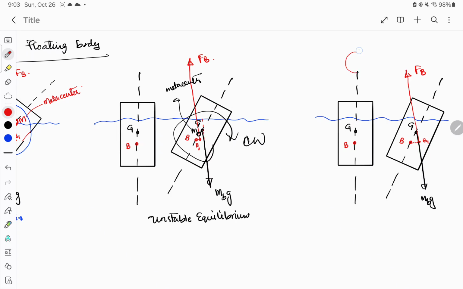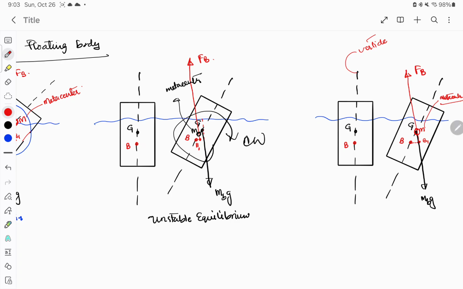This is the vertical axis. So I am repeating it again. So point of intersection here will be at the center of gravity of the body only. This is the metacenter. So metacenter definition is important. It is generally mostly asked in the exam, so that's why I am explaining in details.